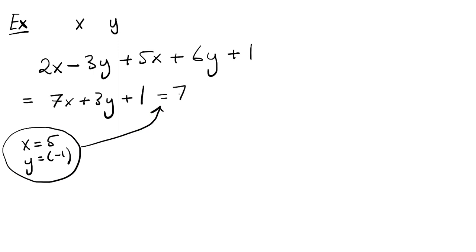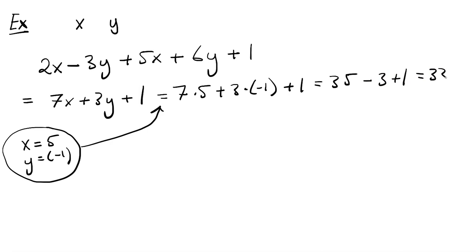So here you could have continued with 7 times 5, 3 times minus 1 plus 1. So then you can find out exactly what it is. So this is 33. But as it stands here, it could be any number basically, depending on what x and y are. Let us simplify the following expression.